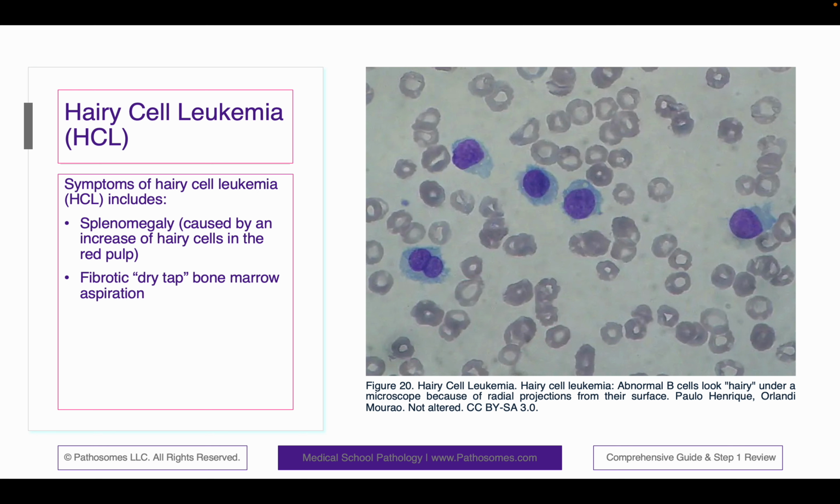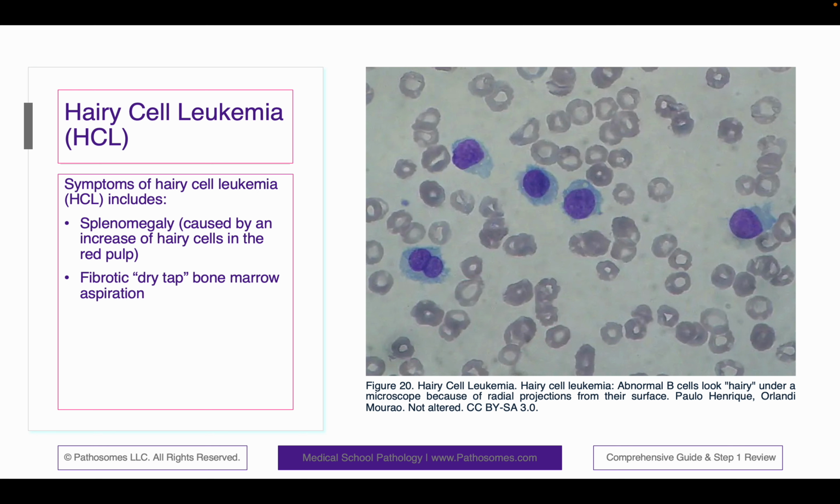And if a bone marrow biopsy is performed, whoever's doing it might have a tough time, called a dry tap. That's when they do the biopsy and they don't really get anything. It's very dry. It's hard to aspirate. It's called a fibrotic dry tap. And that's due to the cytoplasmic processes actually impacting the ability to aspirate marrow elements.